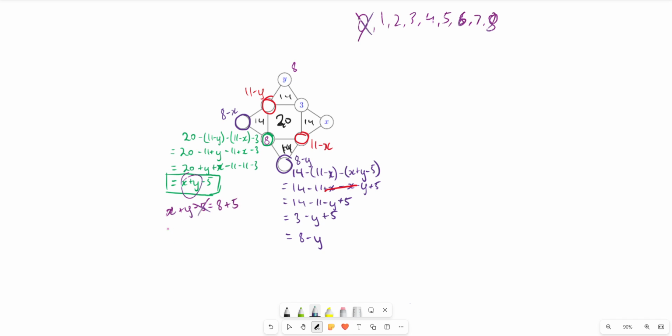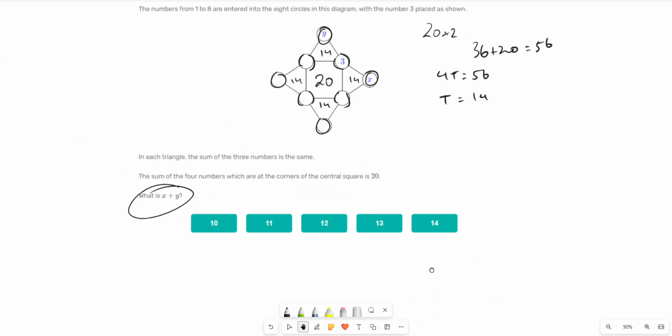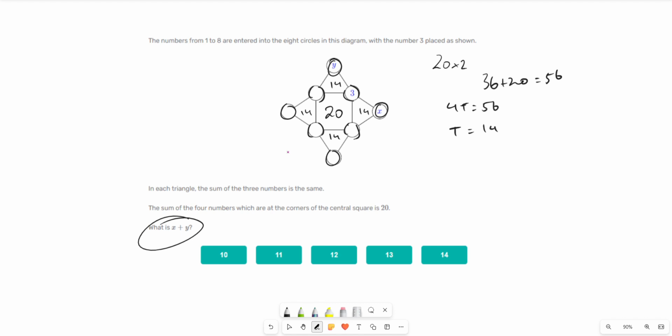Minus 5 plus 5, x plus y equals 13. So that's our final answer. Let's see if this is an actual option here. Yes, 13 is an option. So x plus y equals 13.